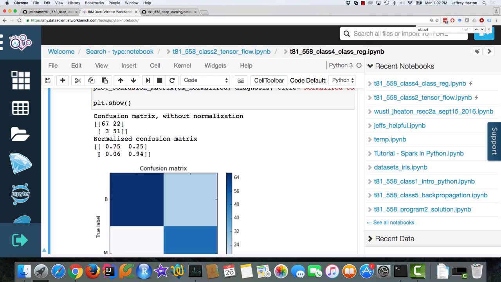So ideally you want the two diagonals to be perfect, which would be zeros here and 1.0s all the way down the diagonal. That would be a mixed blessing. That would be a really good score, but it would also be a model that I would not trust, because I would be afraid that something went wrong, that I had given it some piece of information that it would never have in the real world, or that the data were too small and it just overfit, it just memorized, if I wasn't using a validation set.